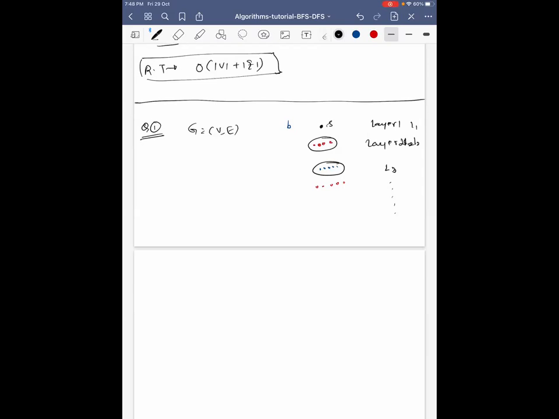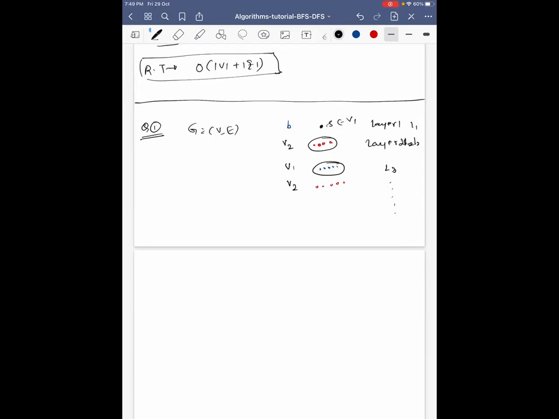So basically, you should see that if we assume without loss of generality for S to be in V1, then the vertices which belong to the layer L2 are in V2. Similarly, the vertices which belong to the layer L3 must be contained in V1 if the graph is bipartite. The vertices in layer L4 will be contained in V2, and so on.